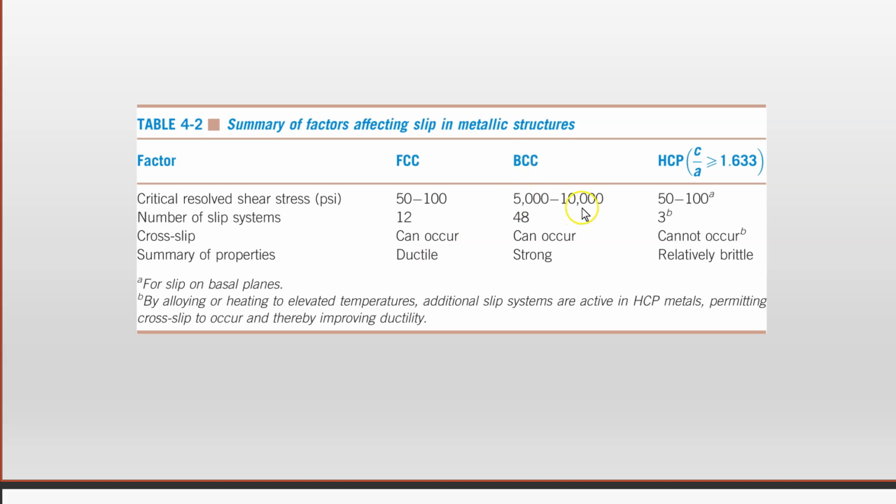With BCC, the critical resolved shear stress is quite large, so this makes a very stiff and brittle material. With HCP, even though the planes are close packed, so we get a low critical resolved shear stress, there's a limited number of slip systems, which results in a relatively brittle material.